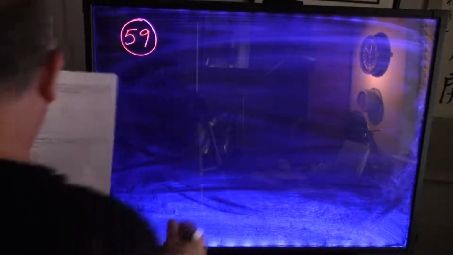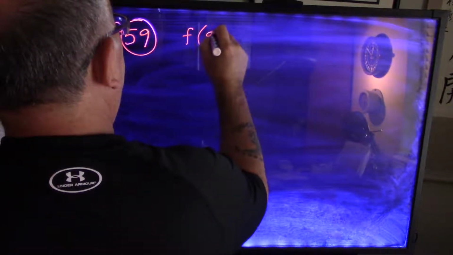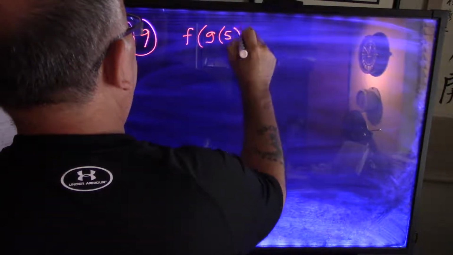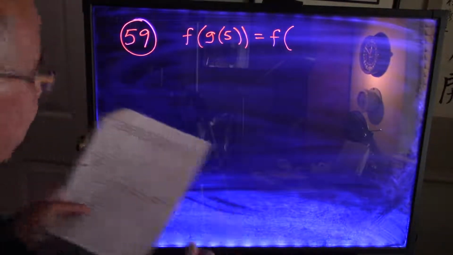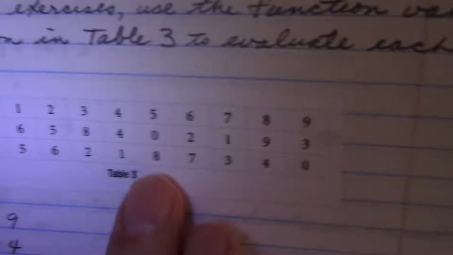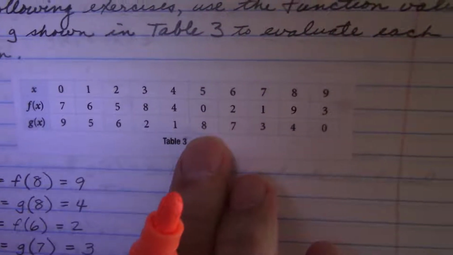Alright, so 59 is f of g of 5. So we need g of 5. What's g of 5? You look at the last row, find x equals 5 on the top row, and what's the answer? So when x equals 5, g of x equals 8.